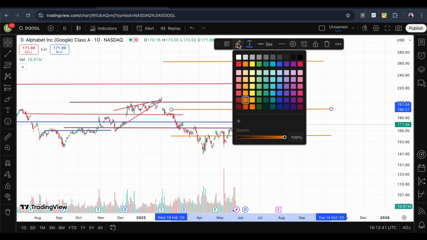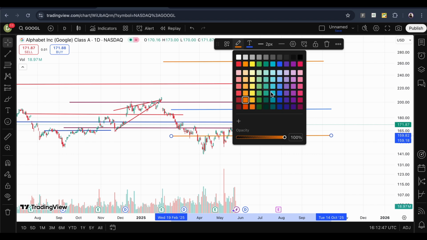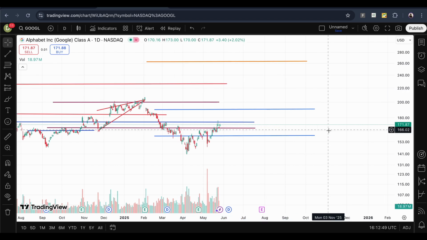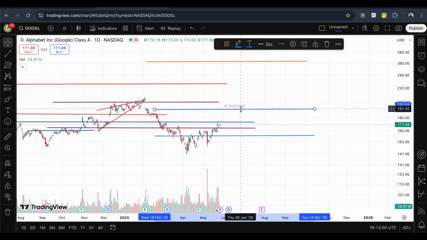Let me change the color of these lines a little bit. Let's put it blue. The same color. So the stop loss level is 159. That means that if the stock reaches that level and goes beyond, you should sell it from here, and the take profit is around 190.